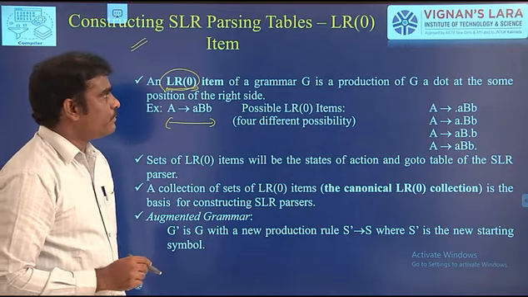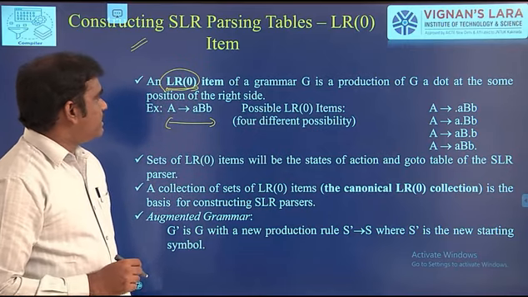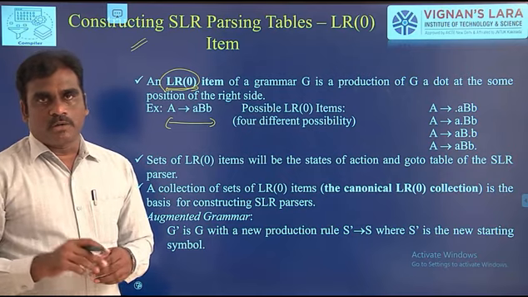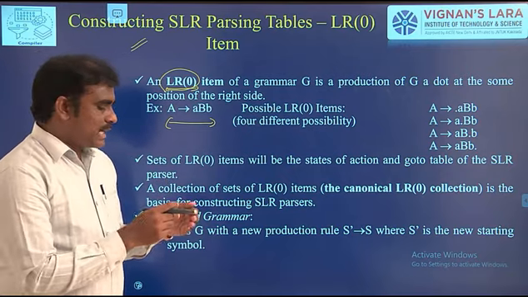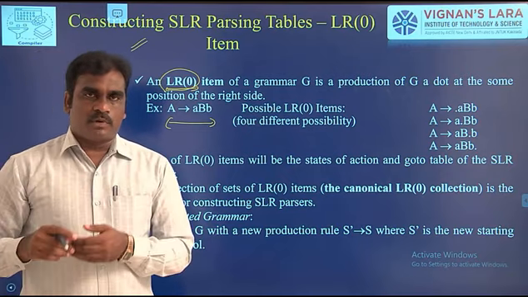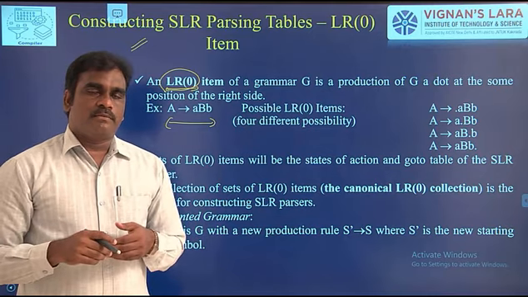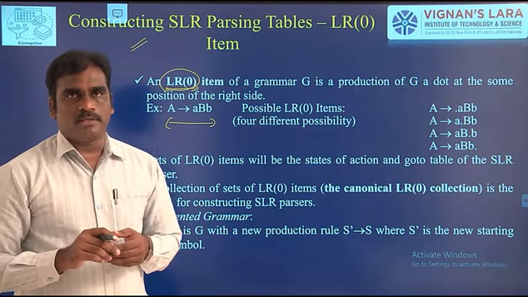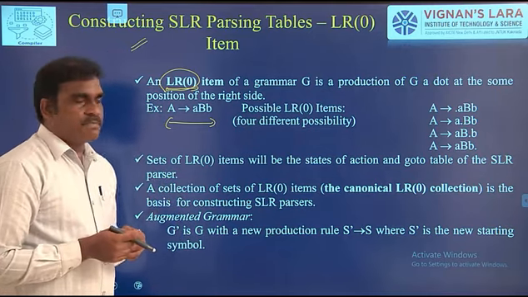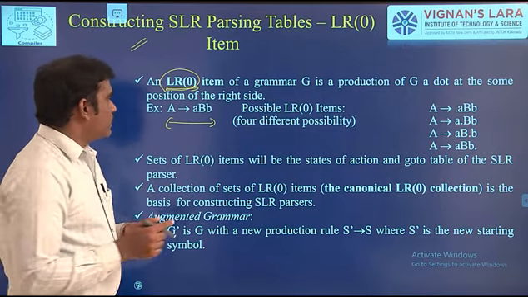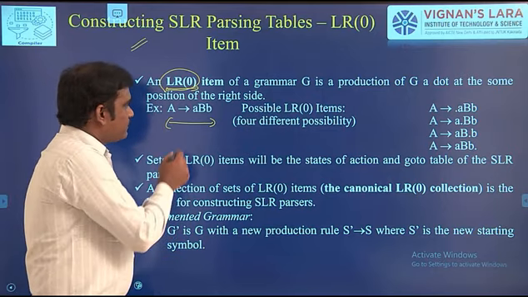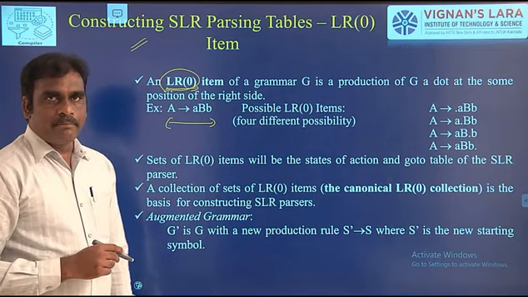We will see. It is simply nothing but performing the dot operation. The grammar contains some set of productions, and for each production we have to perform the dot operation. So where do we have to place the dot? Suppose the given grammar is A to ABB.